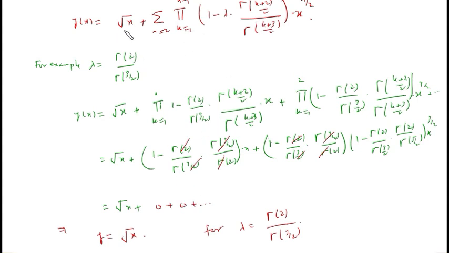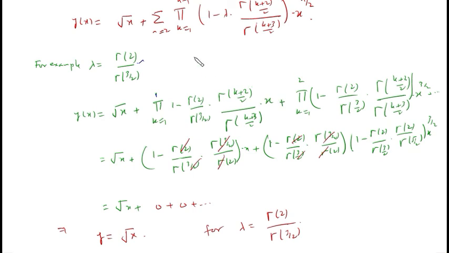If we expand this solution, y of x is equal to square root of x plus, starting from n is 2, the infinite product from k is 1 to n minus 1, which is 1, so this infinite product has only one term in this case, then 1 minus lambda with this value plugged in, into x to the power n by 2, which is x.